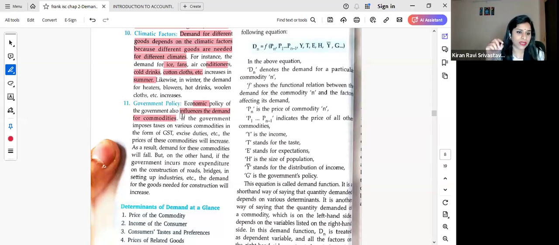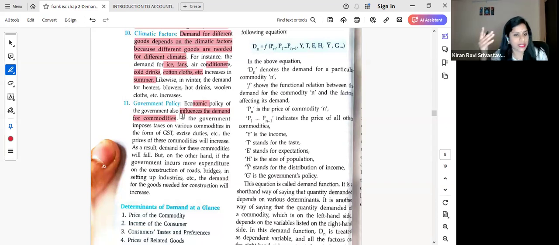It will be 5%: 2.5% CGST and 2.5% SGST. SGST goes to the state and CGST goes to the central government. So that is how government policies also affect the demand.